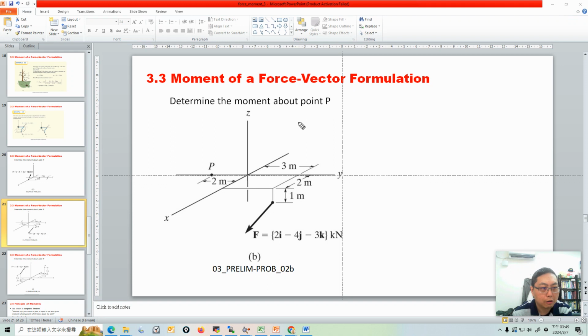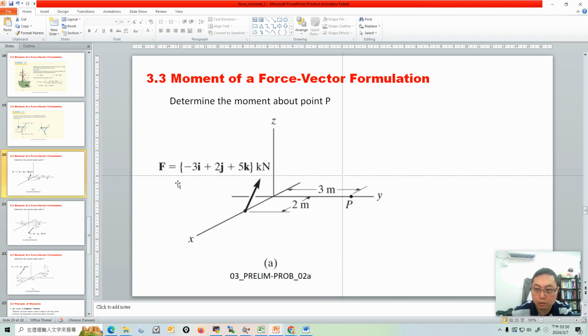Sorry, I start from the first one. Let me quickly give you the hint of the position vector. For such a problem, the force vector is here, and the reference point is P. The natural choice of position vector is from P to the point where the force acts, because you want to calculate the moment caused by the force.